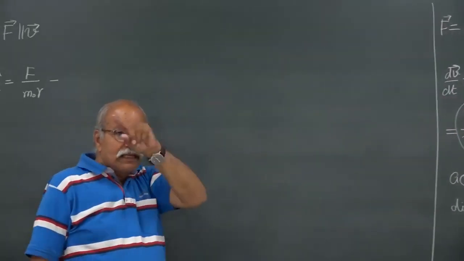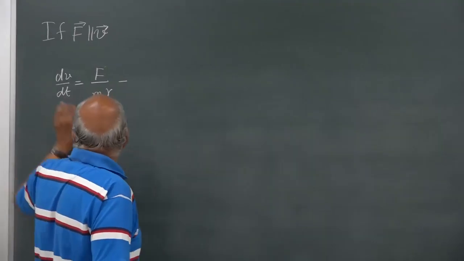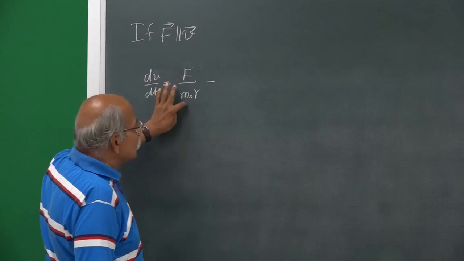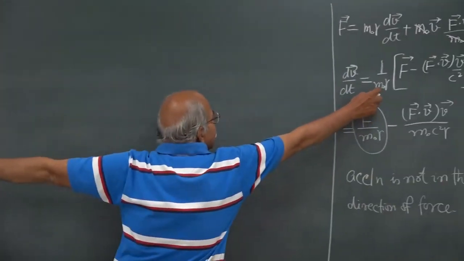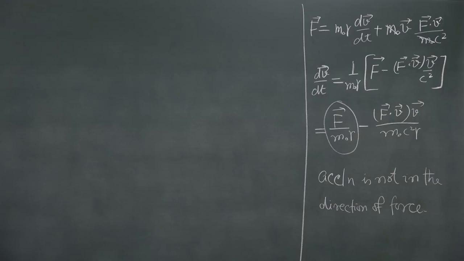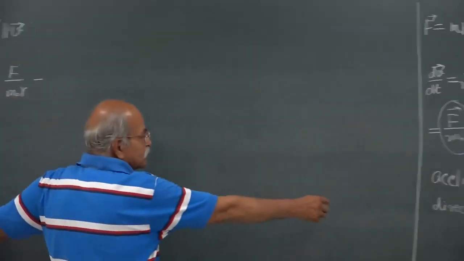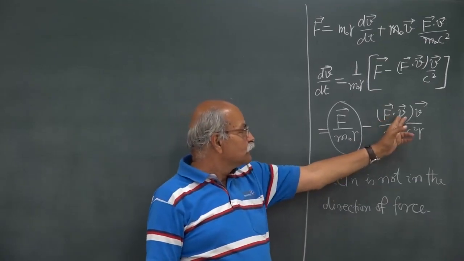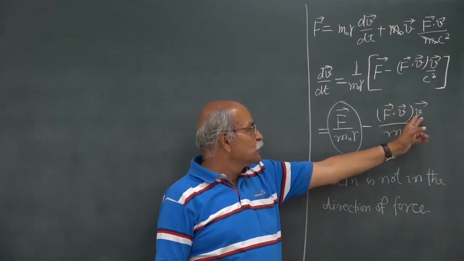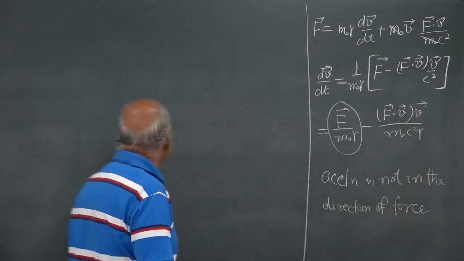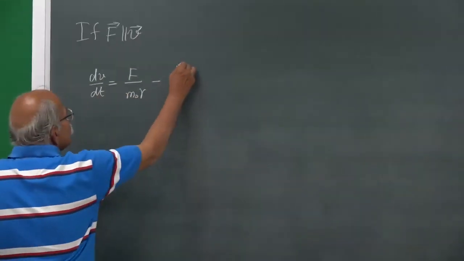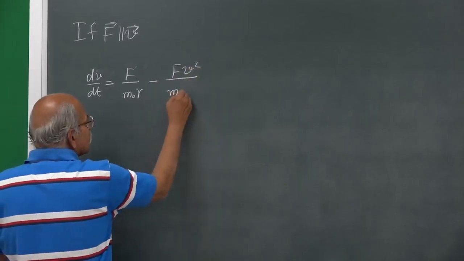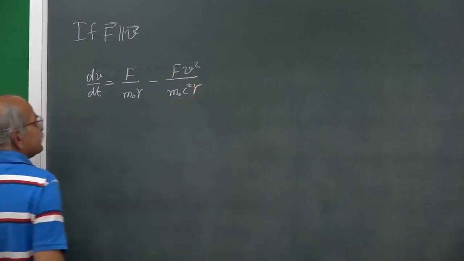So, I am dropping that arrow sign on the top, and therefore I can write dv dt is equal to f over m naught gamma. Look at here, the first term is this, and the second term is minus f into v, cos theta is 1, into v. So, f into v square divided by m naught c square gamma.